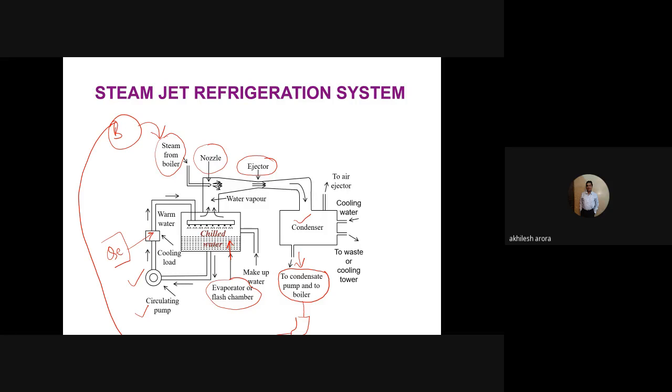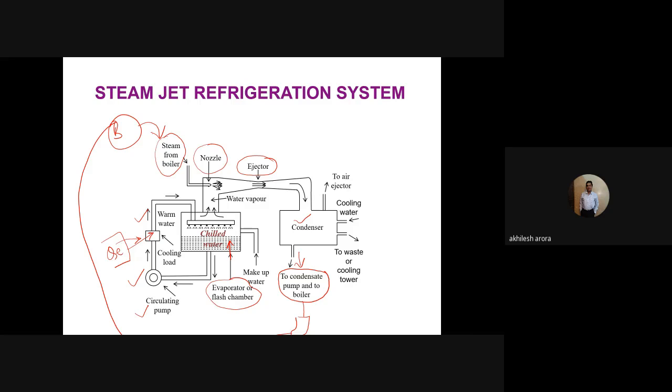So basically the water is taking heat which is equivalent to QE, and it gets warm and once again sent back to the evaporator or the flash chamber. So till now I haven't explained you how it works, but I am just trying to tell you the various components actually. So don't worry, I will explain you.